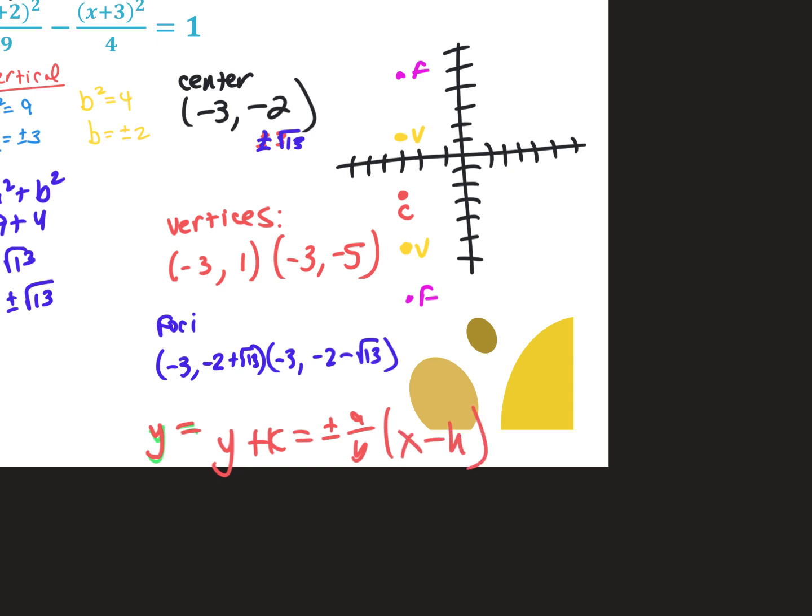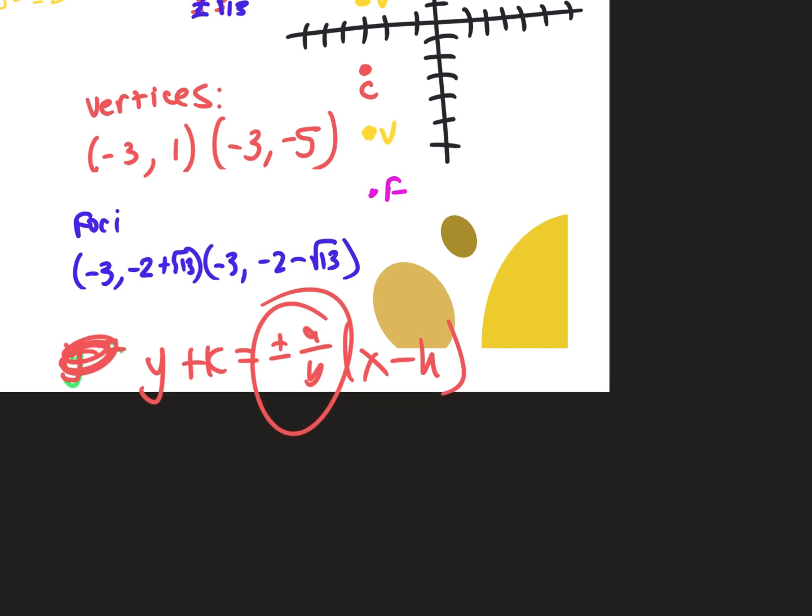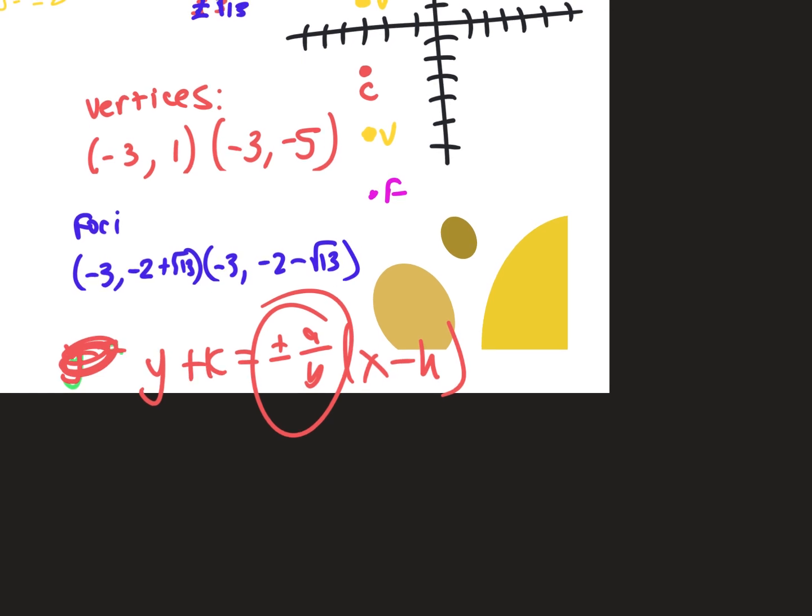You don't have to worry about, oh my gosh, this formula is so crazy. No, it's not. What are the h and the k? It's the center, correct? So all you're doing is going from the center, whatever this value is. What is your a and what is your b? A over b is what? So you're going to move plus minus 3 over 2 from the center.